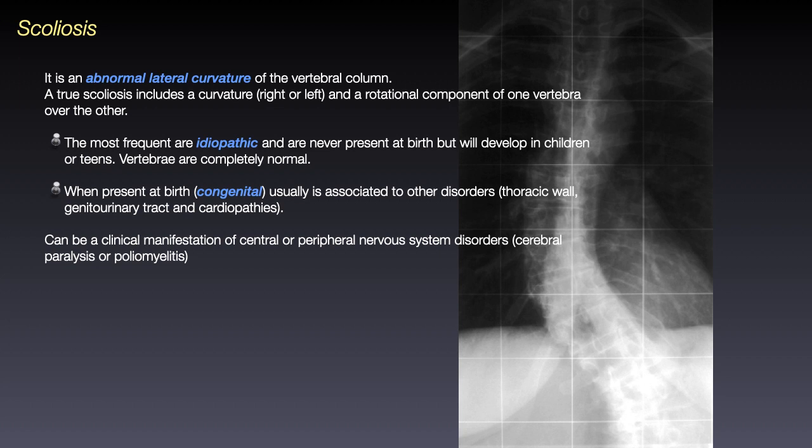And some other times, scoliosis is a clinical manifestation of nervous disorders like in cerebral paralysis or in poliomyelitis that is very uncommon here in Western countries because of the vaccine, but you can still see many cases in Africa, in Asia, but it's fading away.